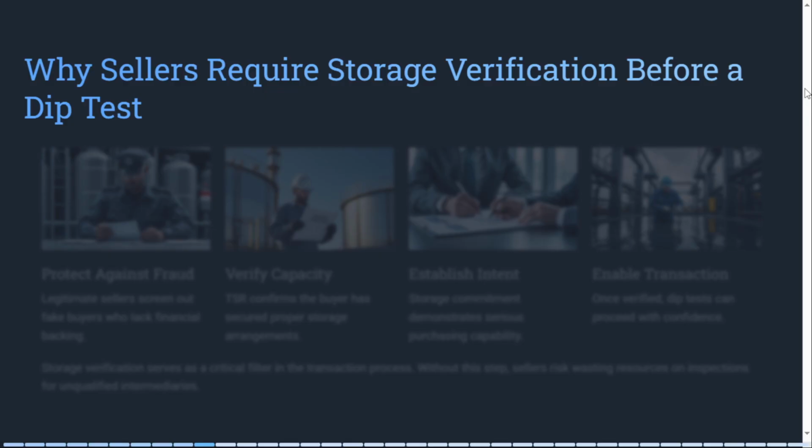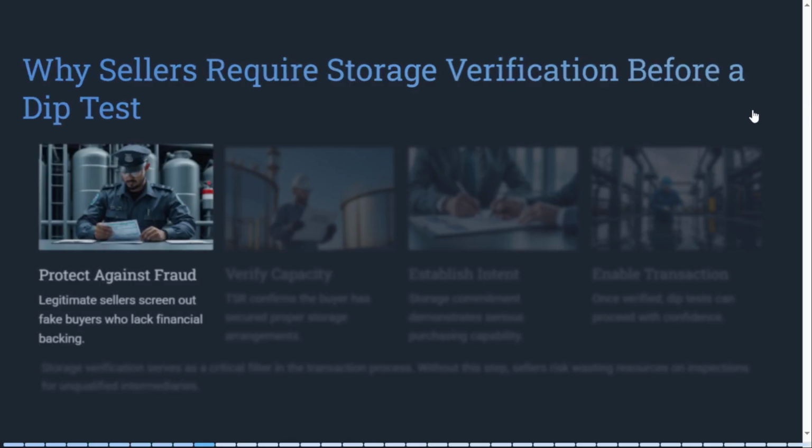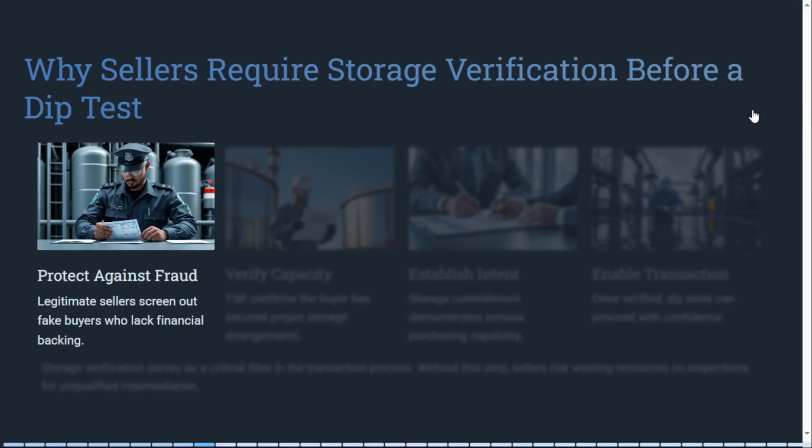Now coming to protecting against fraud, legitimate sellers screen out fake buyers who lack financial backing. You have to understand how it works, and what sellers look at, so that they understand whether these are fake buyers or genuine buyers.